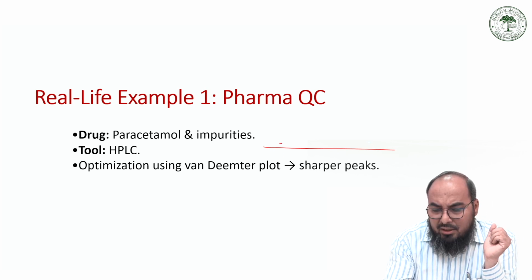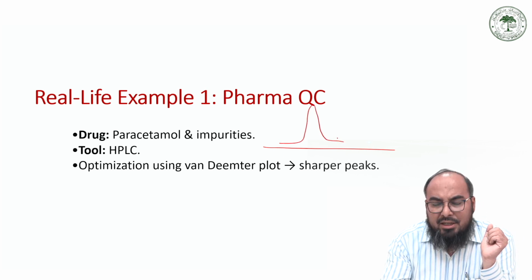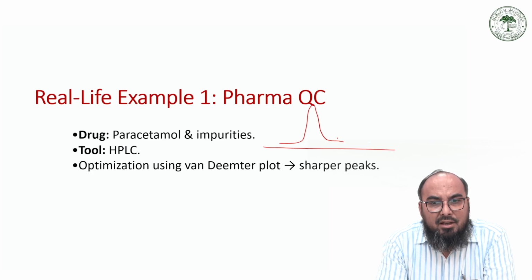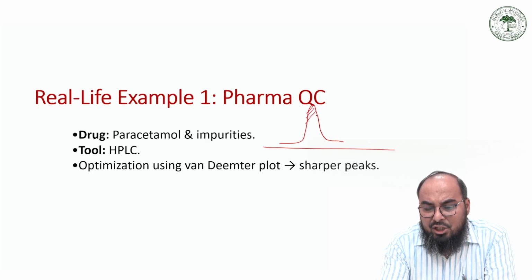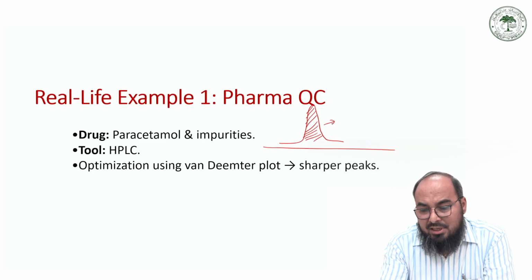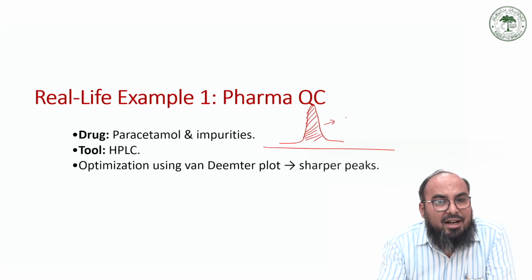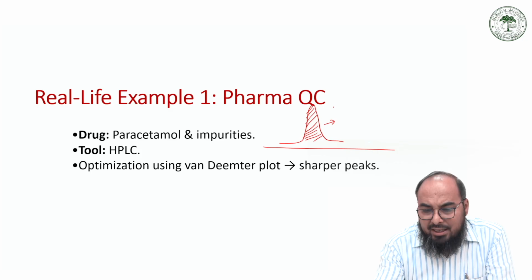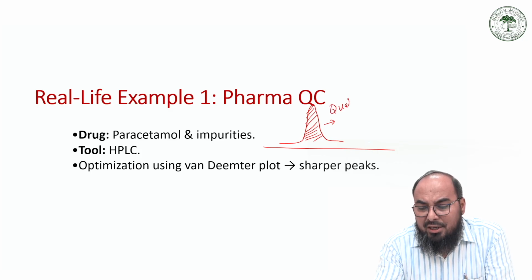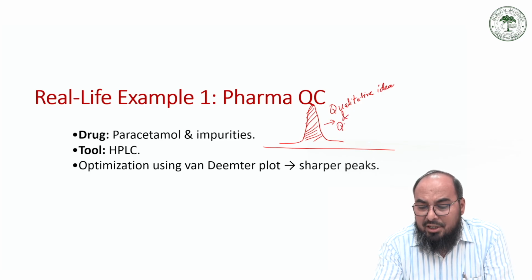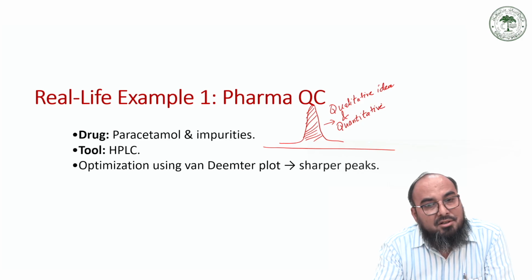For example, if your system is pure, then definitely you will get a single peak, and the area under the peak will give you a quantitative idea of how much drug is present and how much you have specified. So it gives you a qualitative idea about the excipients, and also a quantitative idea about the amount of drug present.